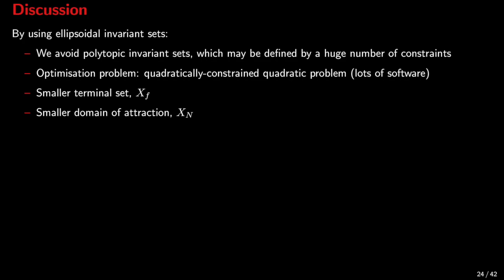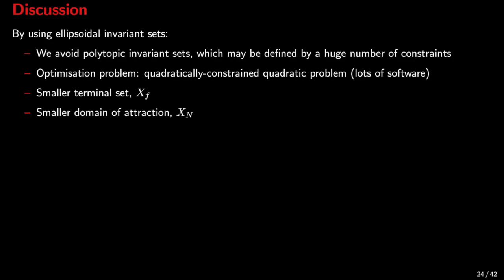We may end up with a smaller terminal set. I mean, typically we do end up with a smaller terminal set because it's not the maximal invariant set anymore. It is the largest ellipsoidal set, but it's not the largest set in general. We know that the largest set is polytopic. It has a different, more complicated shape.